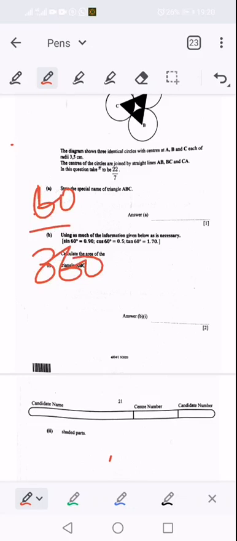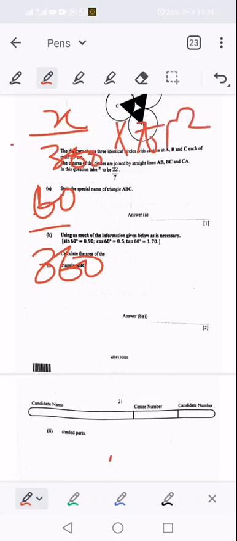Why 360? Because area of a sector is x over 360 times pi r squared, because this is area. Yes, this is area, pi r squared. So x could represent the given angle which is 60. So you get 60 over 360 times pi r squared.